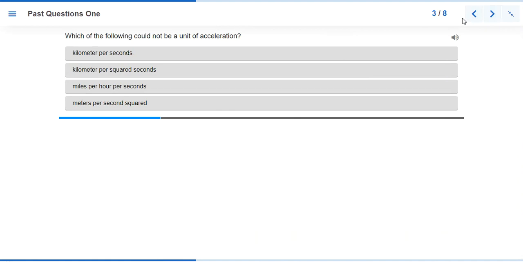So which one of the following could not be a unit of acceleration? From what we've learned so far, acceleration is velocity per unit time. So what is the unit of velocity?